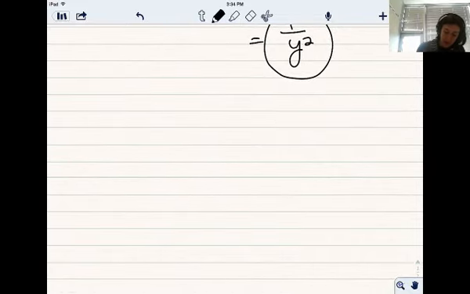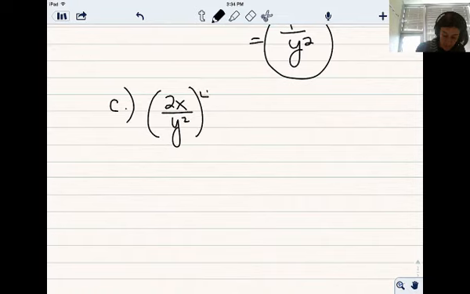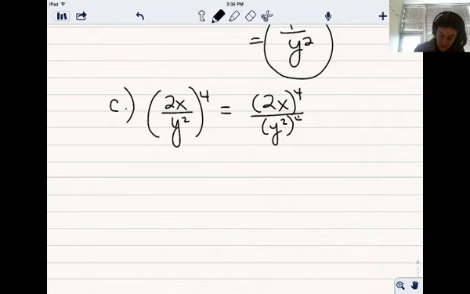Okay, let's take a look at another problem. Now I've got 2x over y squared, all to the 4th power. Now I'm going to apply the power of a quotient property, and I'm going to take the numerator and the denominator and bring them both to the 4th power.